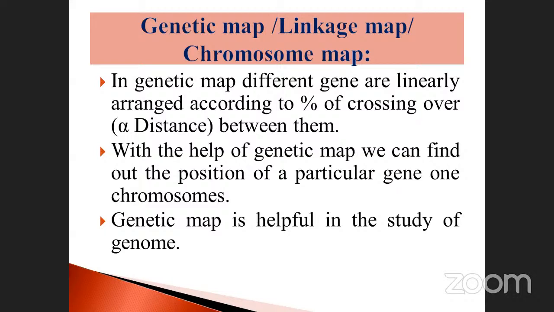What is the help of the genetic map? With the help of the genetic map, we can find out the position of a particular gene. Many dominant as well as recessive characters are studied. Some have a beneficial effect, for example, height.